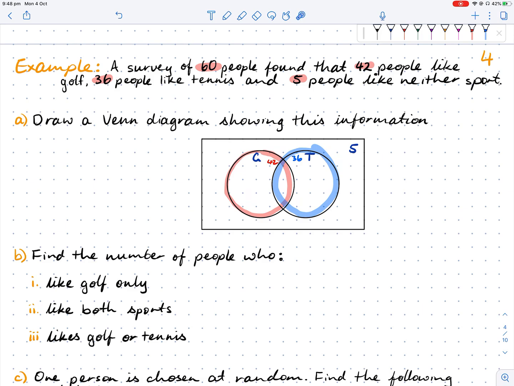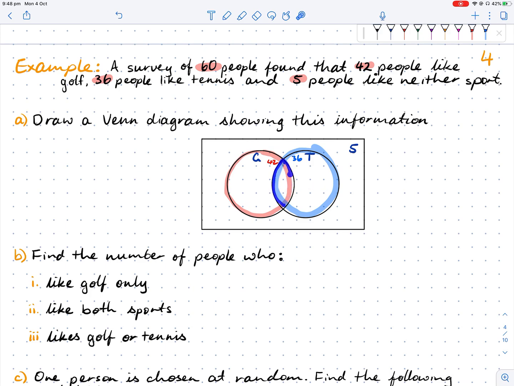But again, it's going to include this overlap. So if I add together these numbers, I'm going to have added together this number here and this one number here. If I add the 36, then it's this one and this one. So what's going to happen is that middle bit's going to be double counted.